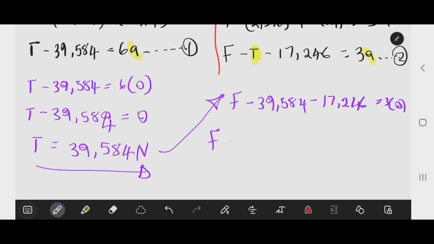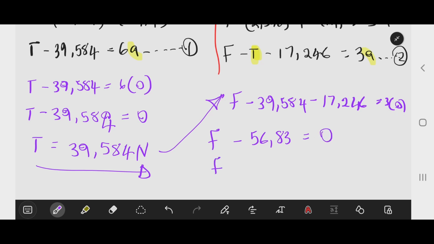So that would be F minus 39.584 minus 17.246. Okay, that would be negative 56.83, and that is equal to 0.